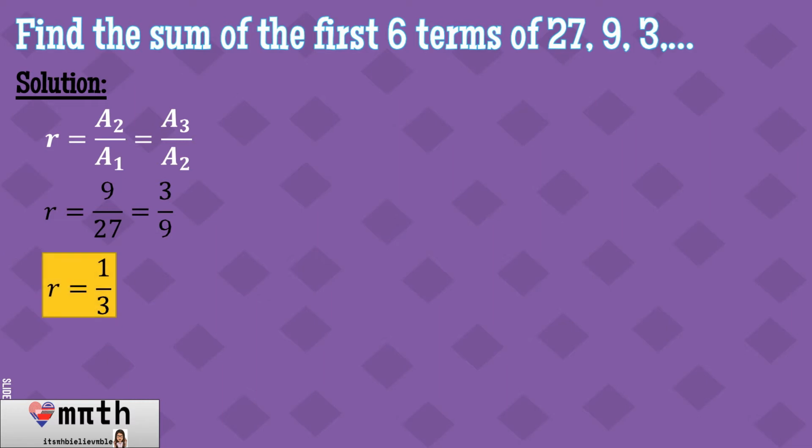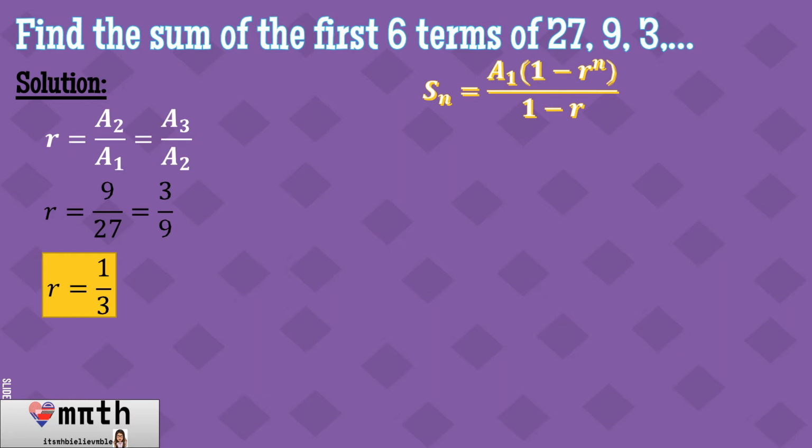Since our ratio is not equal to negative 1 or 1, we can use again the same formula a while ago, which is S sub n is equal to a sub 1 times 1 minus r raised to n, all over 1 minus r.